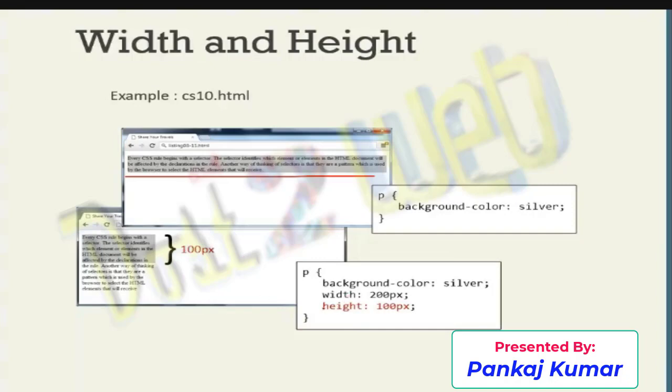Then you have to define in the CSS rule how much width you need for the content area. So this is your content area. In this content area, I'm going to define width equal to 200, and how much height you want? That height will be 100 pixels. So within this, the content area is going to be the element. But what will happen?